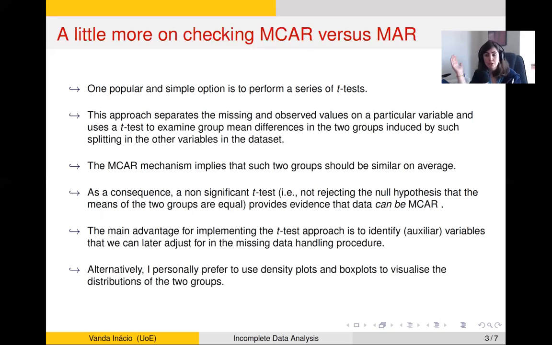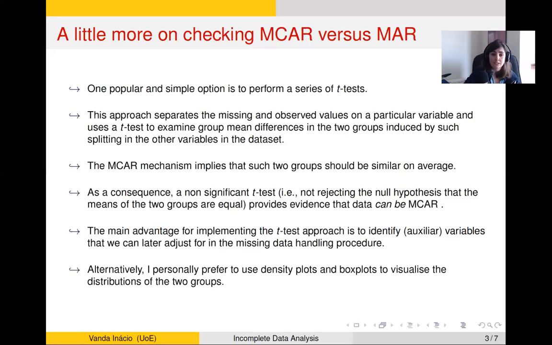And if we have a bunch of variables, in order for the data to comply with the missing completely at random assumption, we need to have a non-significant t-test. We should not reject the equality of means for all the variables. If we reject for one of them, then the data will be not missing completely at random.